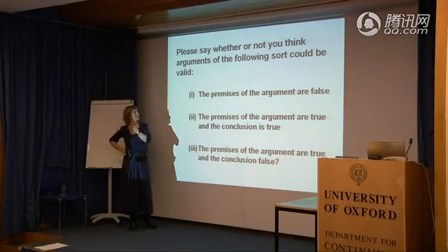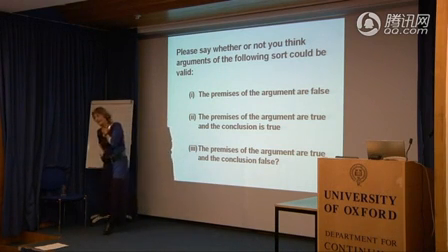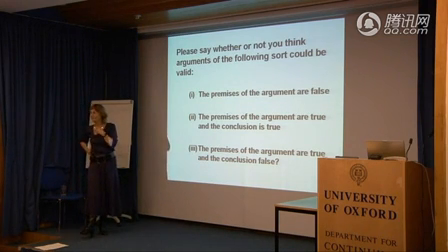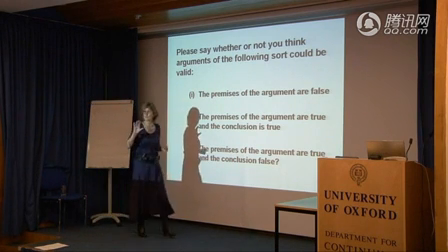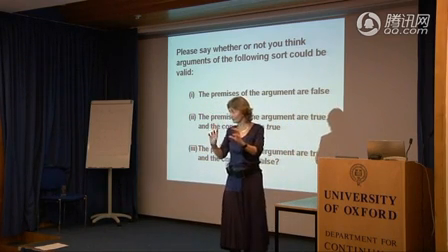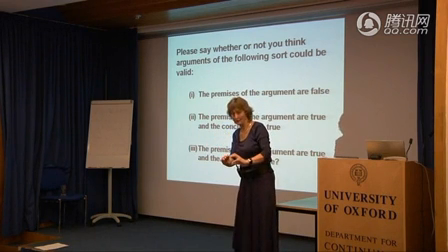Okay, those who said yes are right. You could have a valid argument in which the premises are false. The only thing that's ruled out by an argument's being valid is the possibility, not the actuality, of the combination of the premises being true and the conclusion false.